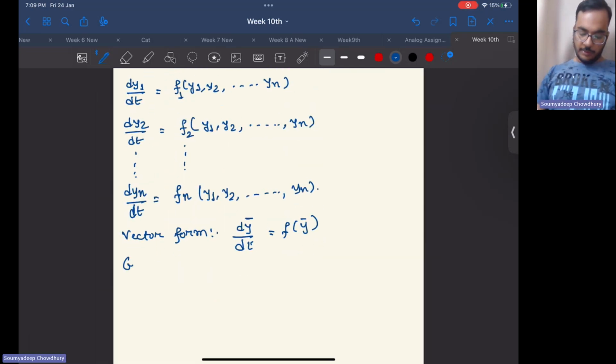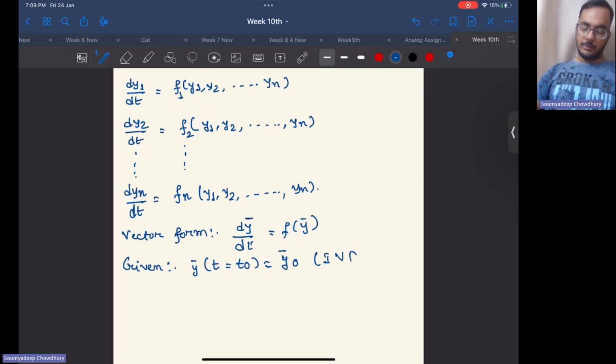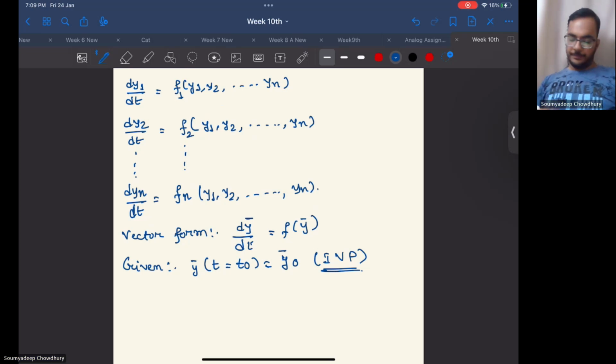Now what is given to us and what do we have to find here? This differential equation will be given to you, and an initial value will also be given to you. That is, the value of y at some t equals t naught is equal to y naught. This is what we call the initial value problem. Since the initial value of the function is given to you, based on that you have to find the solution of this differential equation.